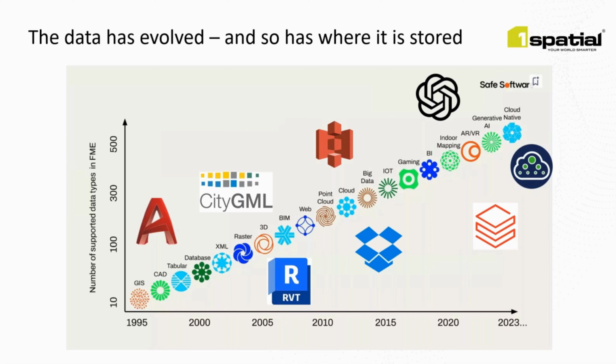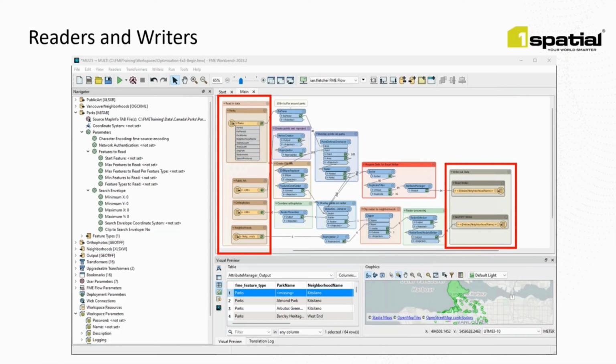Looking first at readers and writers. Readers and writers are the traditional and oldest way of manipulating tabular and spatial data within FME, and represent the simplest way to begin to build up a workspace to complete basic translation tasks where the data is likely to be locally hosted.